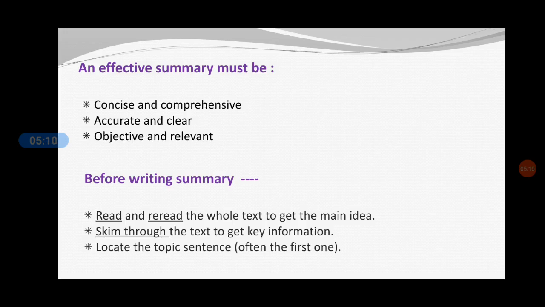In most passages, the first sentence of a passage is considered the topic sentence. So try to locate the topic sentence so that you can get the main idea easily.